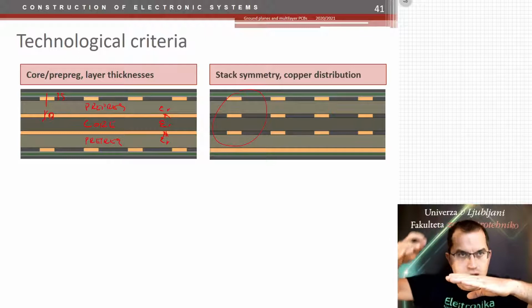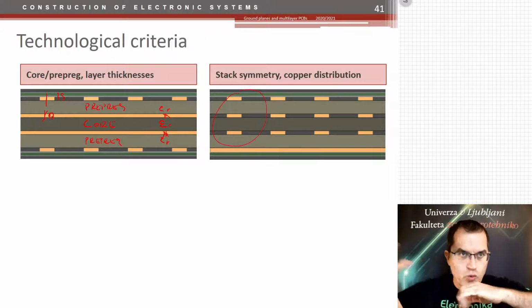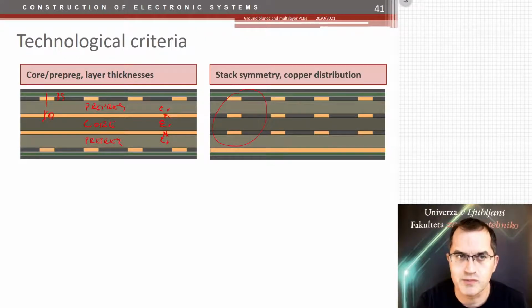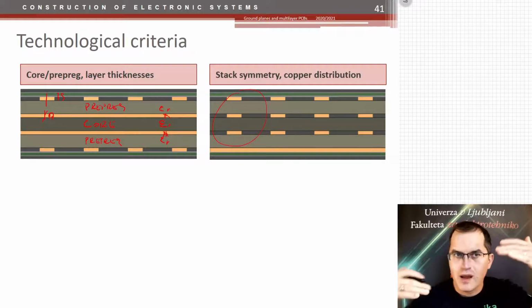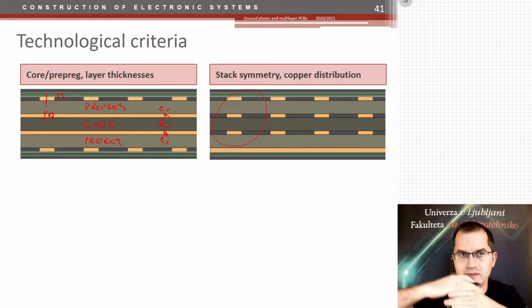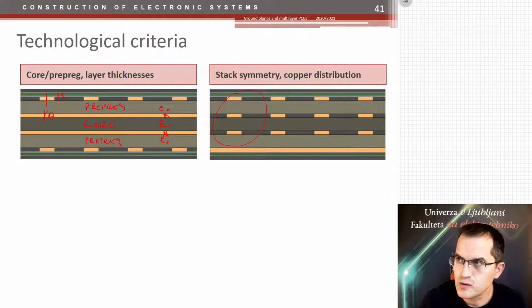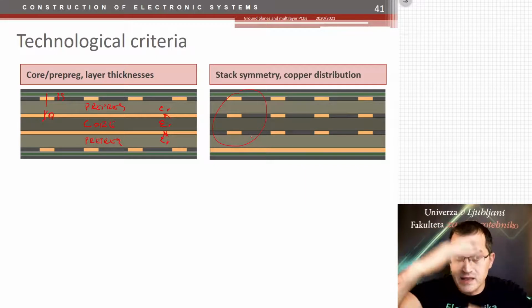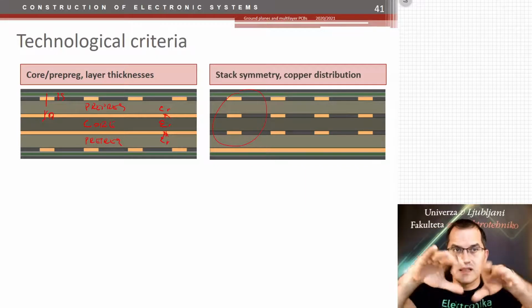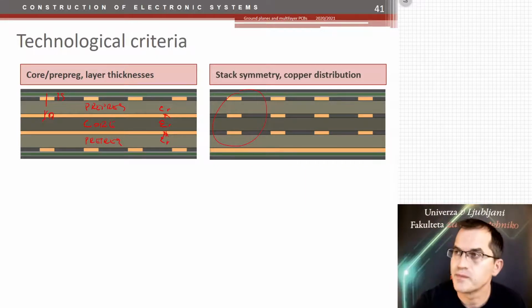So you would have some valleys in your PCB, which would then also cause production problems. So you should try to keep the amount of copper and the stack of the PCB as even and symmetrical as possible. So if you have a ground plane on the bottom, you should also have it on top, at least to some extent. Please try to keep the symmetry so that the PCBs wouldn't bend.